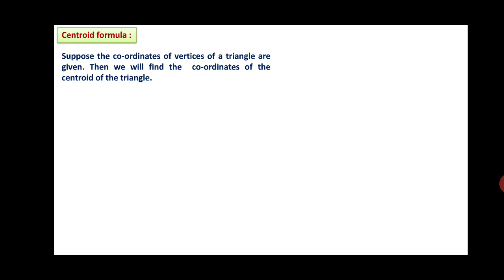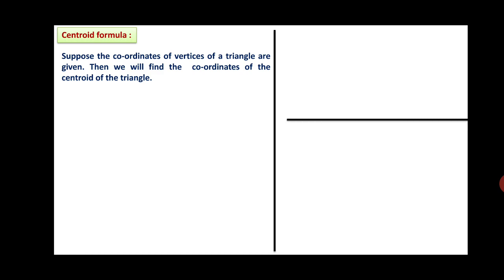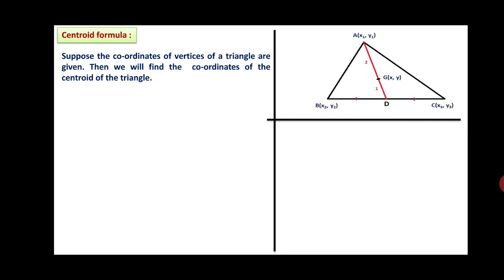Suppose the coordinates of the vertices of a triangle are given. See, this is the triangle whose coordinates are given in the figure. Then we will find the coordinates of the centroid of the triangle. So in this triangle ABC, A(x1, y1), B(x2, y2) and C(x3, y3) are the vertices.